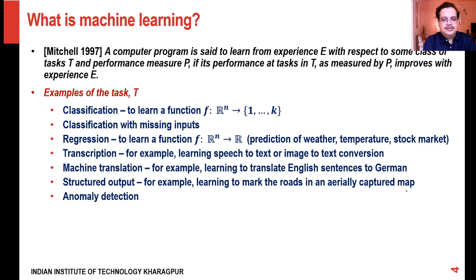Anomaly detection is a very interesting area. Basically it means that you suddenly discover that the output coming is something in the data which does not fit the normal distribution that you have learned. So for example, if you learn that a particular person on an average gives a tip of let's say 100 rupees in a restaurant which he visits maybe once or twice in a month, and then suddenly you find on one day that in his credit card there is a tip of maybe 500 rupees in the same restaurant.